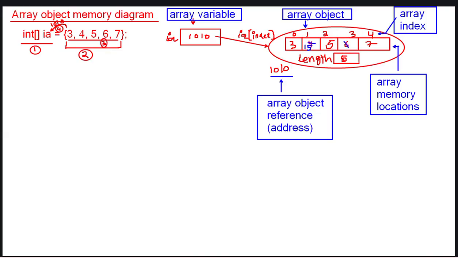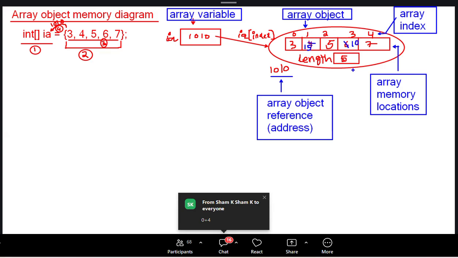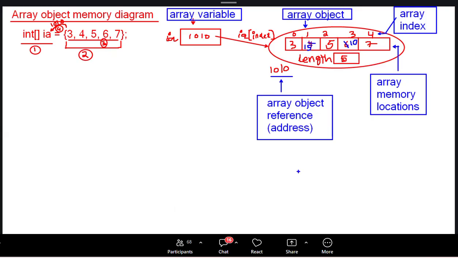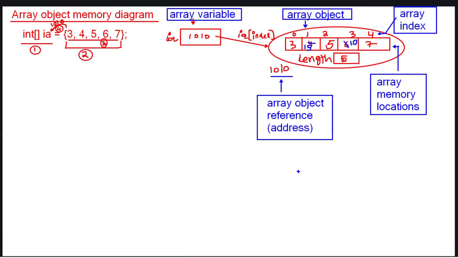Okay. 6 replace with what? 10. Okay, write according to your notes, I wrote according to my notes. Modifications. According to your program modification, do the modification in the memory. Completed?